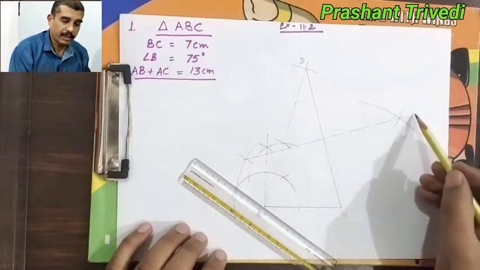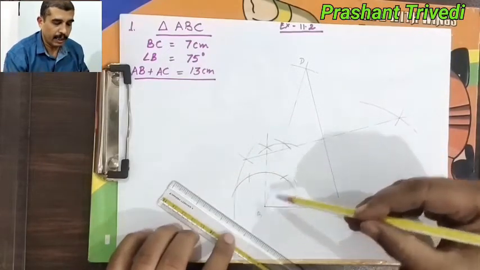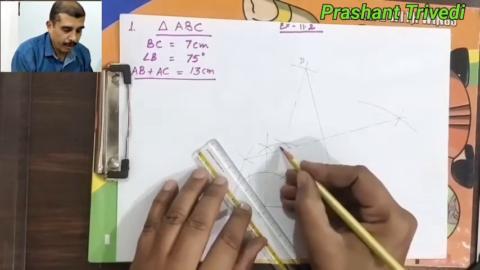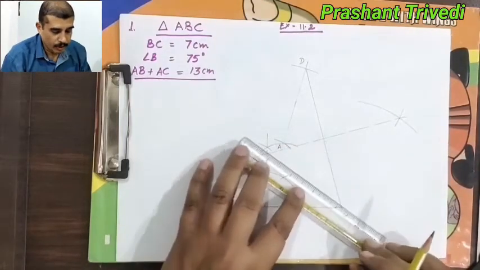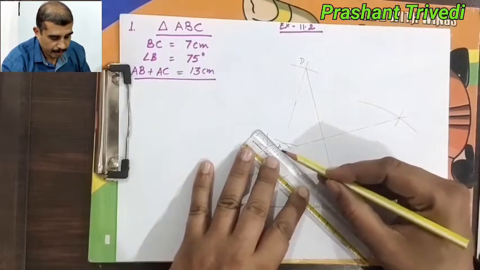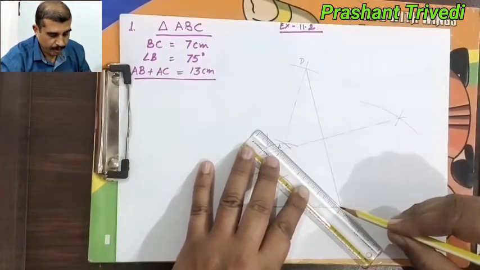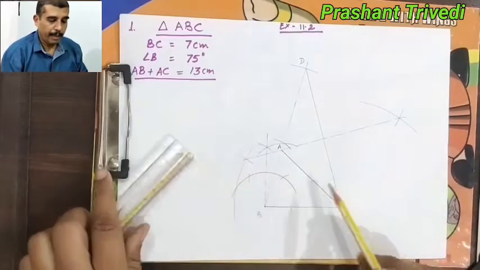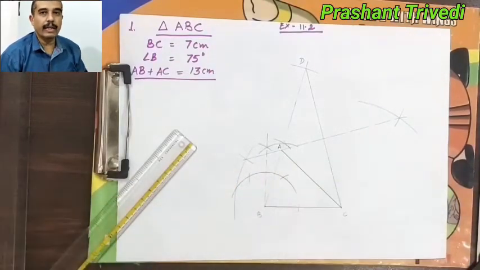The point of intersection of the perpendicular bisector on the line BD is point A. Join AC to complete the formation of the triangle ABC.